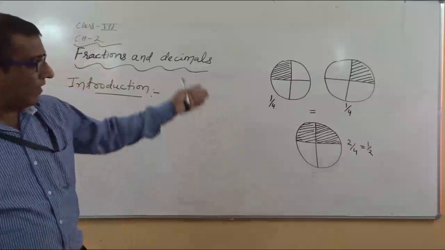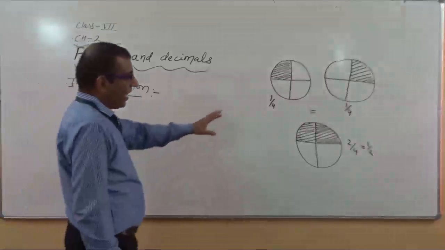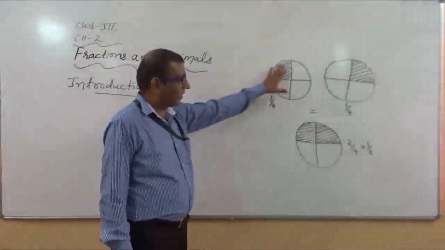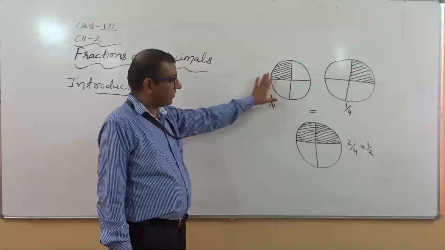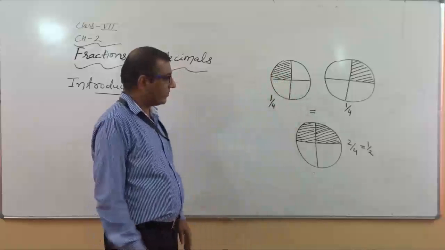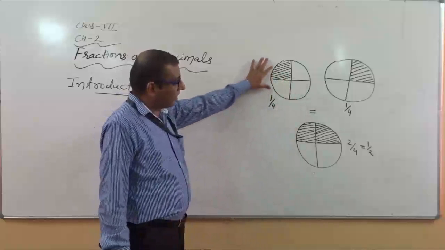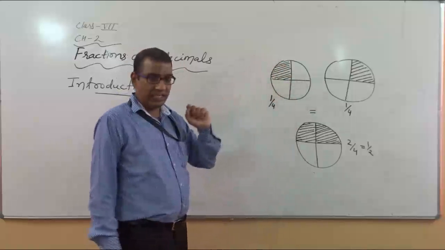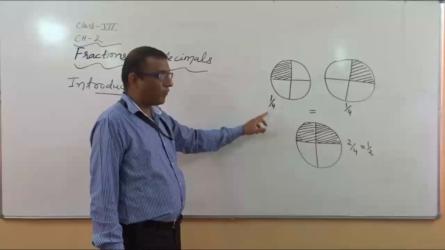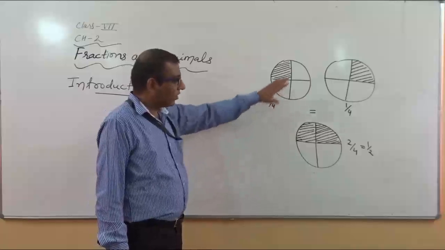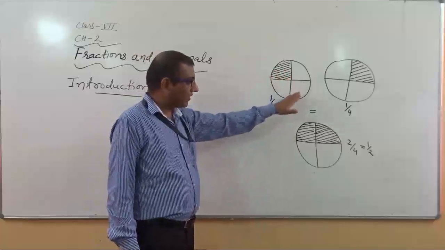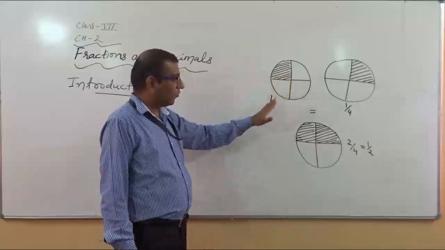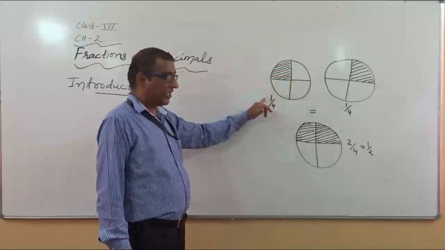On the blackboard, these circles have 4 subparts. These subparts are known as sectors. So we can say out of these 4 parts, only 1 part is shaded. That's why we can say 1 upon 4. 4 means the total parts are 4, out of which 1 is shaded.